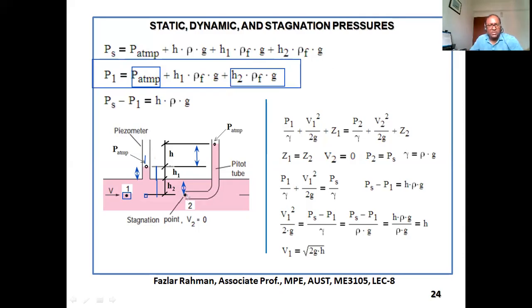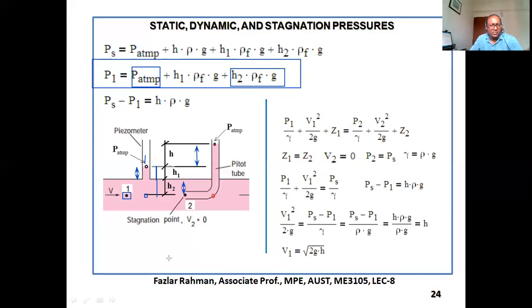Now, how much is the pressure at point P2? P2 is also called the stagnation pressure, that we express by PS. Okay. So instead of P2, we are saying PS. So PS will be how much? That means the pressure between this point and this point will be the same.